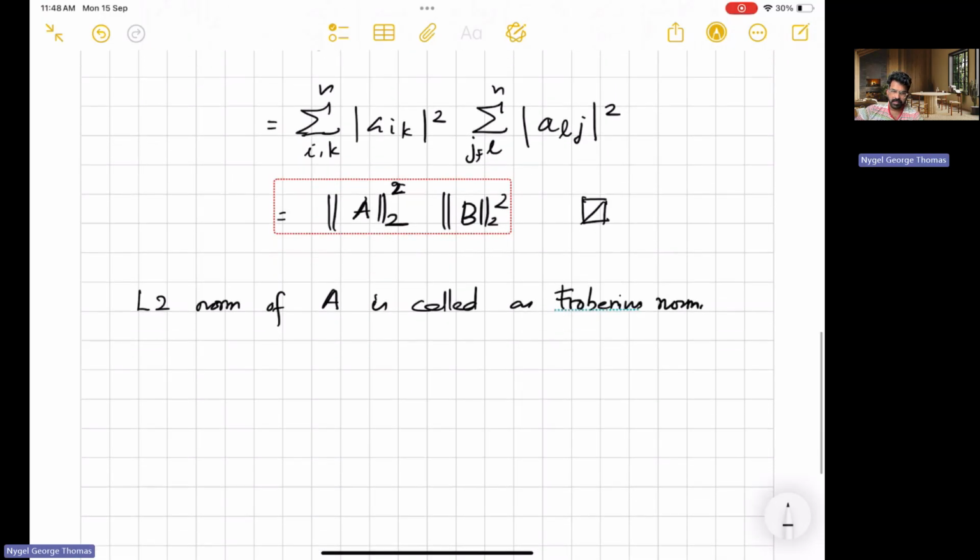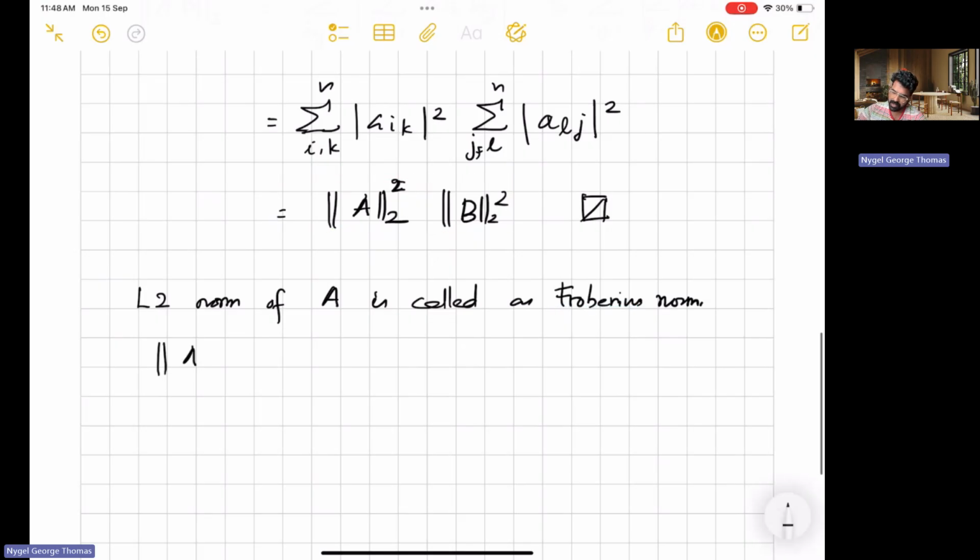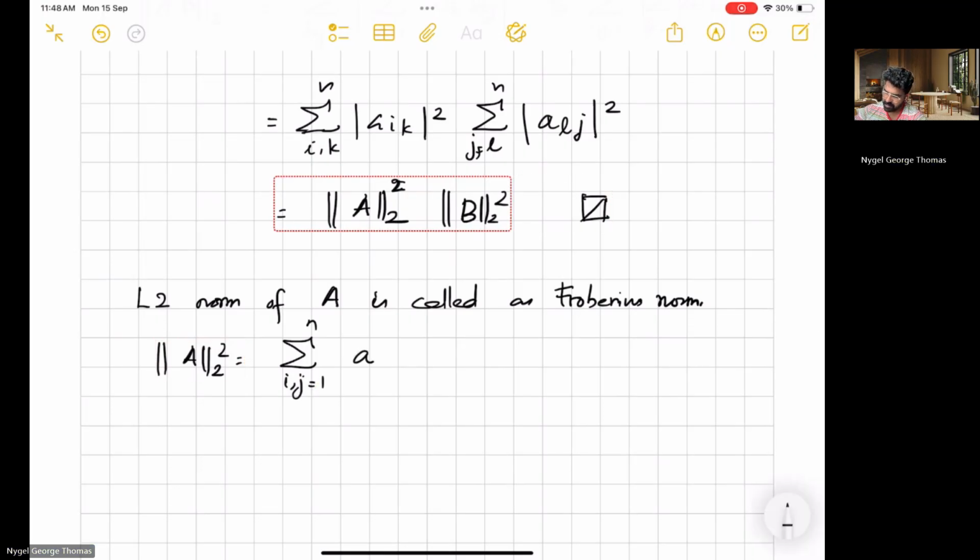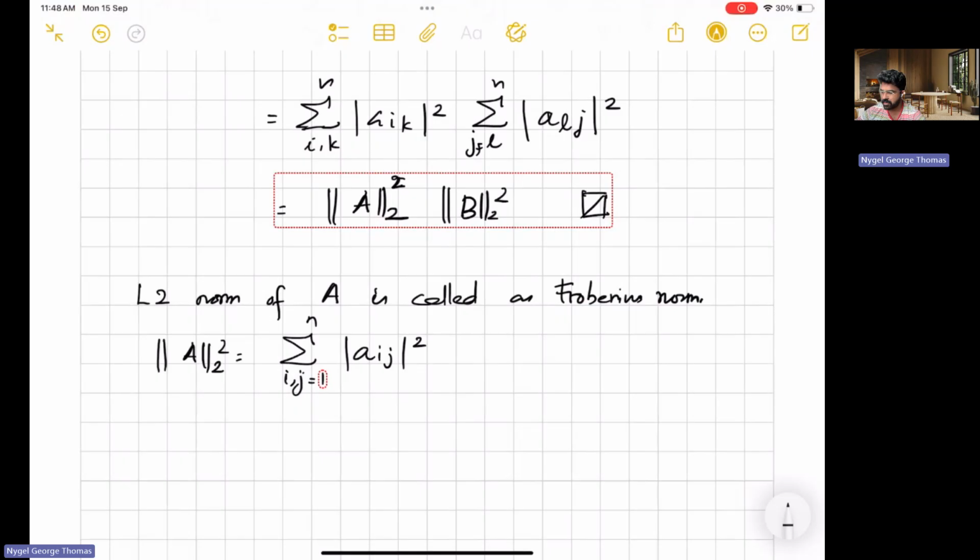So the Frobenius norm, the standard definition is: sum over all i, j from 1 to n of A of ij squared, and take the root of it. I mean, this is the Frobenius norm squared. Basically you are taking the squares of every element of the matrix and adding them together.